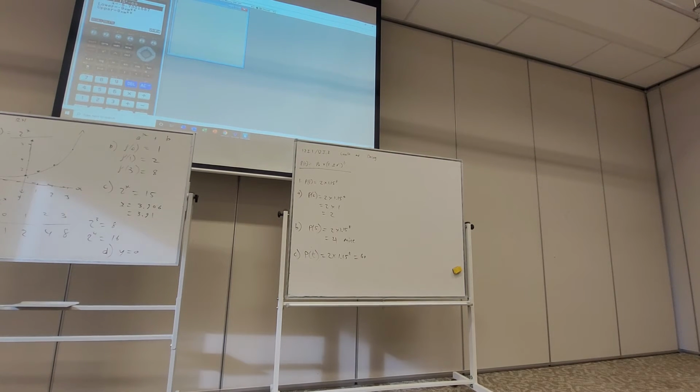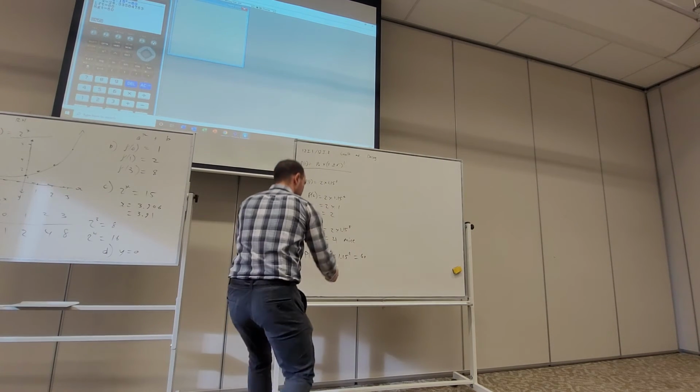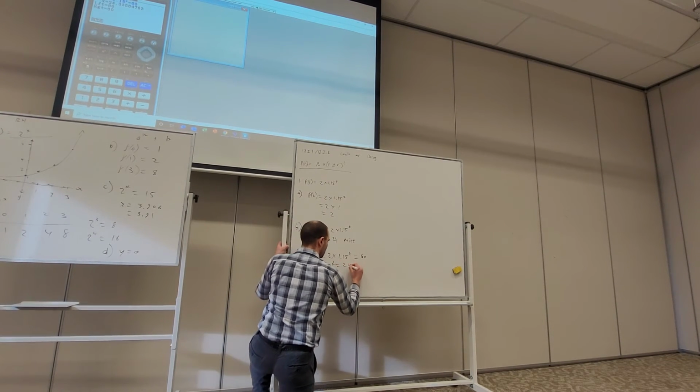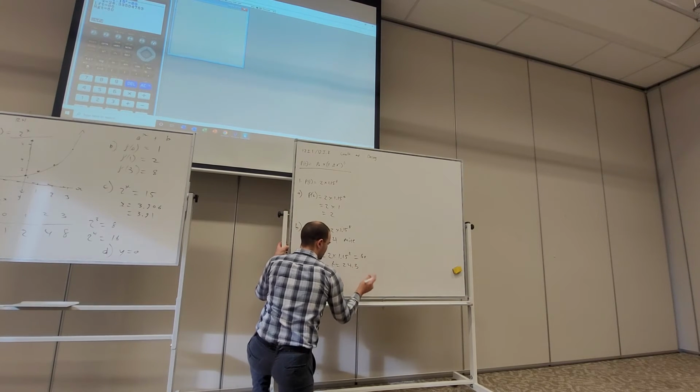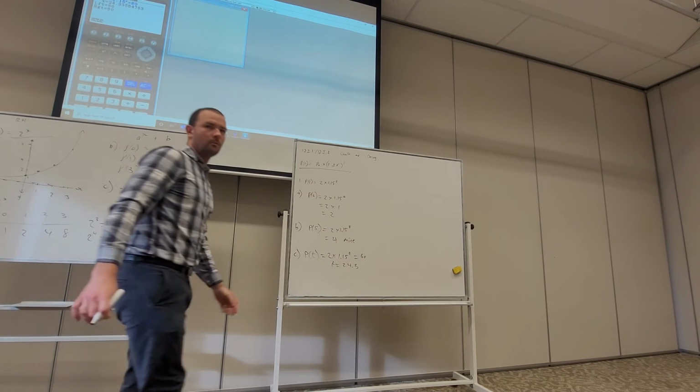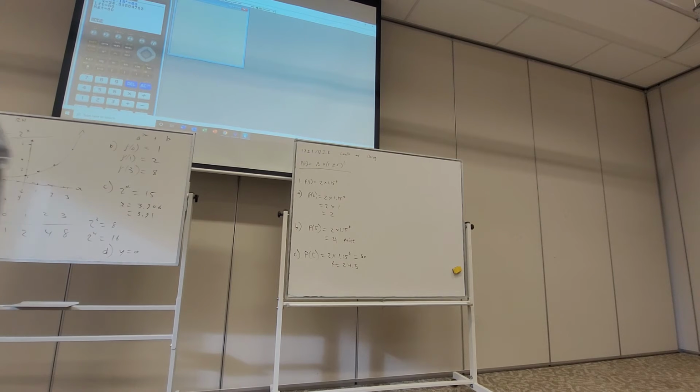Then you just press solve. I've got X is 24.3, or T in this circumstance. So after about 2 years, 24 months, there are 60 mice.